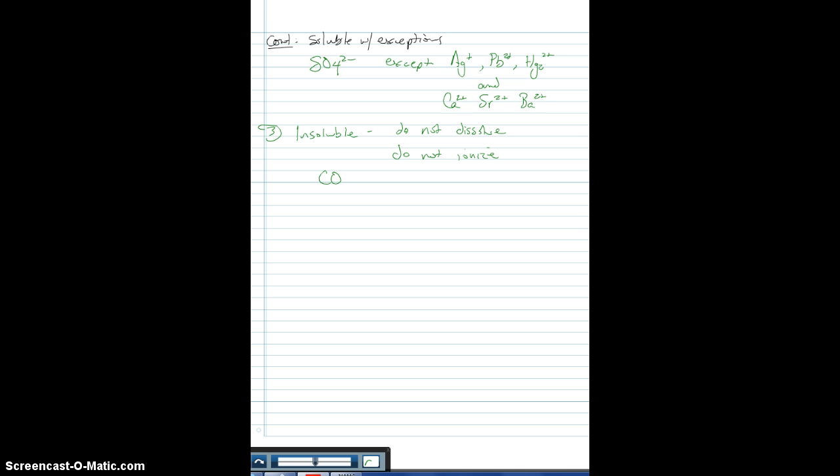These are typically things like carbonate, phosphate, oxalate, chromate, and sulfides. When you see them, they're going to be insoluble. The exception to the rule is if you are a group 1A, or if you're an ammonium ion, that will make those soluble. It'll overcome this rule.